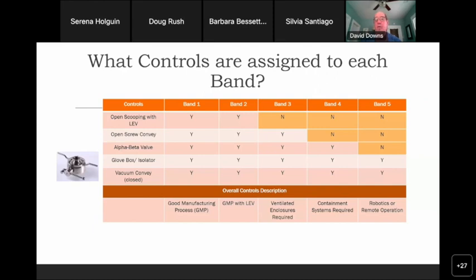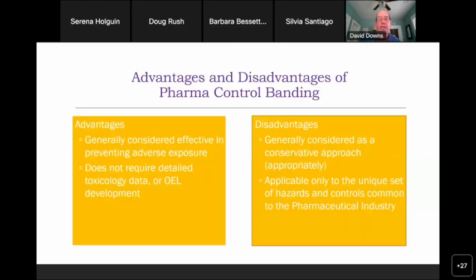And with band 5 materials, we may be talking about remote operation or robotics in some cases, so that we are separating the people that are running the process from the material physically and doing it by using remote operation. So that's control banding. That's the process that the pharmaceutical folks use. Let's talk about advantages, disadvantages here.